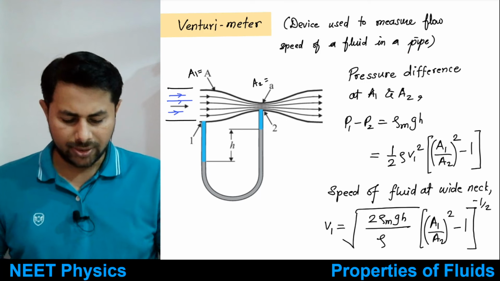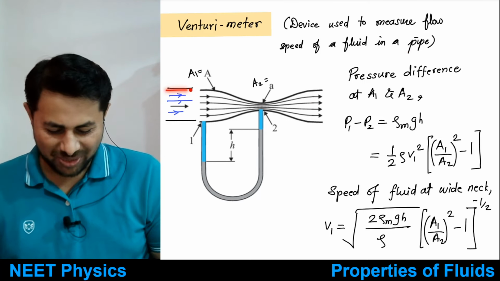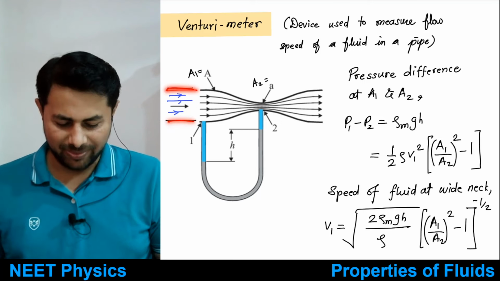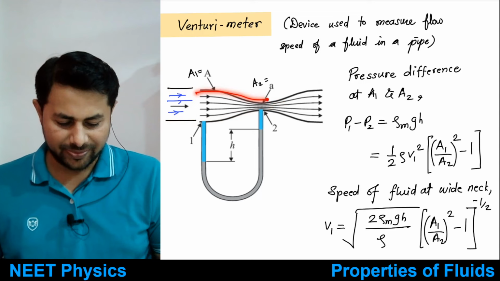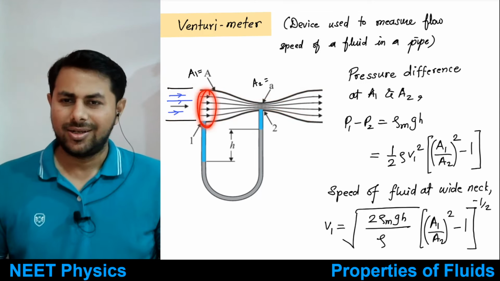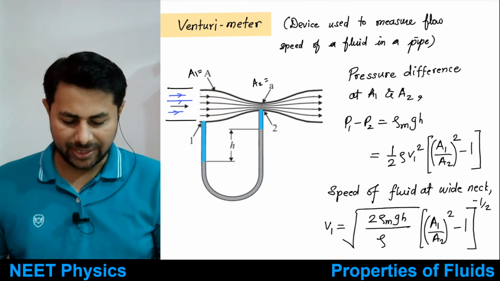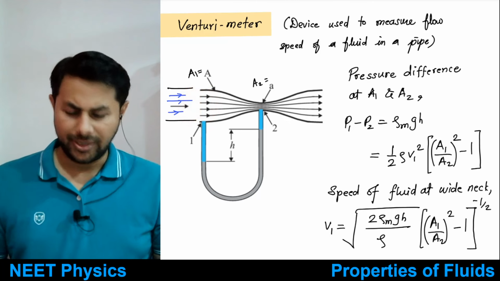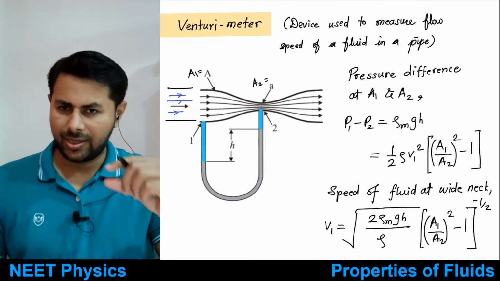So, how does it look? It looks like this. Suppose this is a pipe. The Venturi meter is connected to the pipe. It has variable cross section. The cross section here would be the same as that of the pipe, and the cross section here has a very small area.